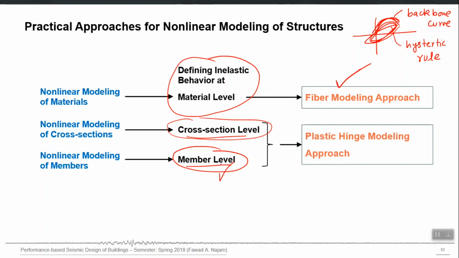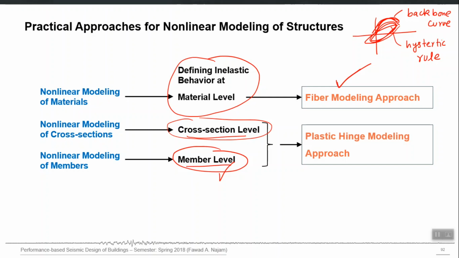So beams, columns, shear walls, they can be modeled either using the fiber approach, or they can be modeled using the member level plastic hinge approach. Let's assume one column. In the fiber approach, I will directly make the concrete and steel of that column nonlinear, and that nonlinear stress strain curve will automatically take care of the effect of cracking, yielding, crushing, anything.